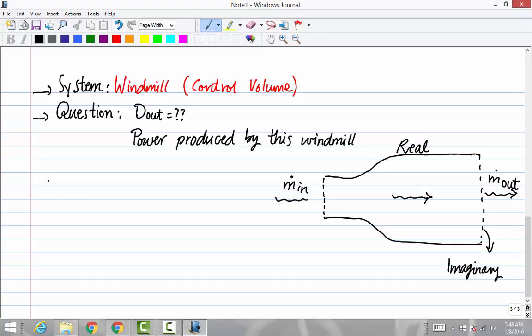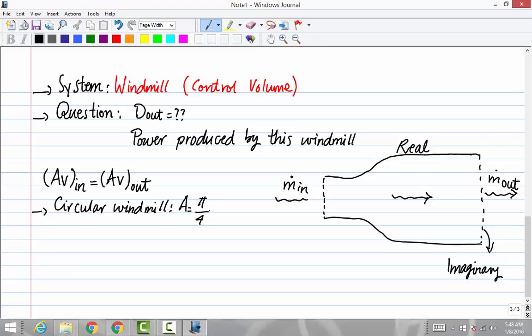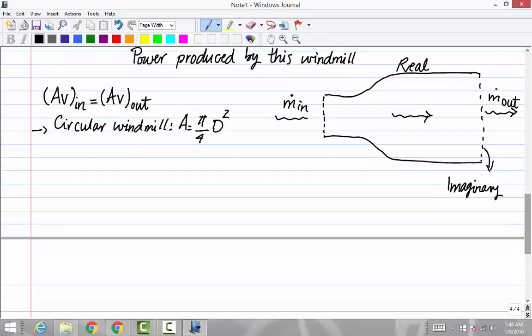So I will start with this equation, AV in equals AV out. The text says that the windmill is circular. Therefore, cross-sectional area is pi over 4 d squared. We can substitute the cross-sectional area in the equation.